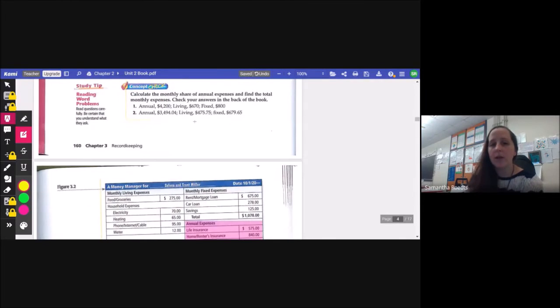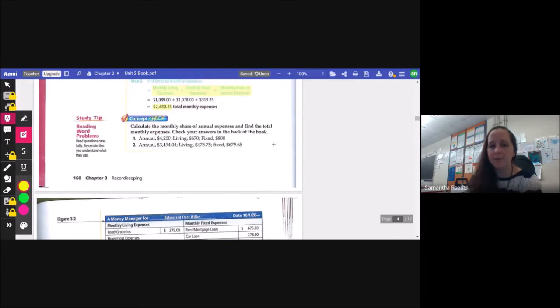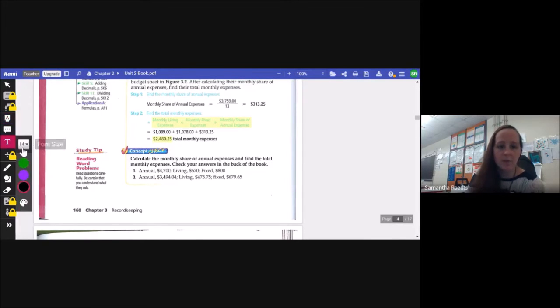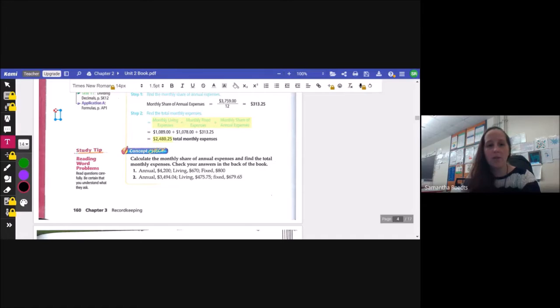Now I want to calculate the monthly share of annual expenses and find the total monthly expenses for the following two. Like we did up here, for the monthly share I divide the annual by 12. Let's start with the first one. I'm going to take 4,200 and divide it by 12.